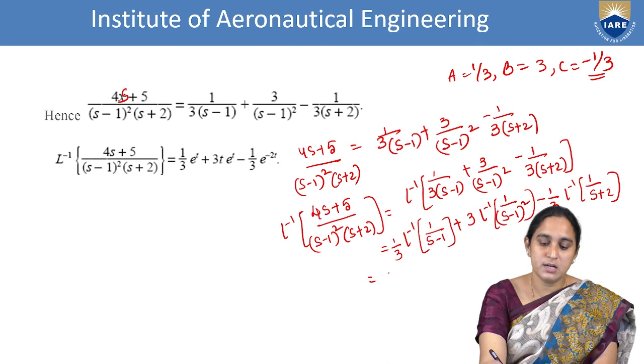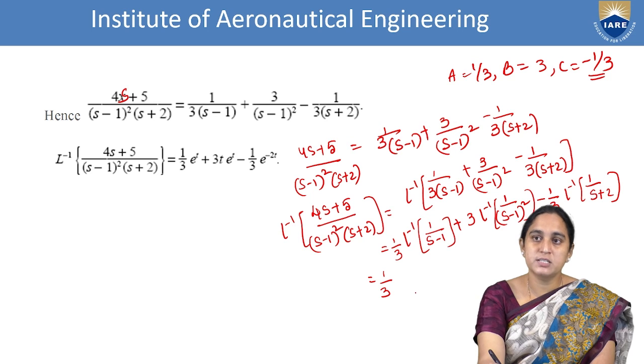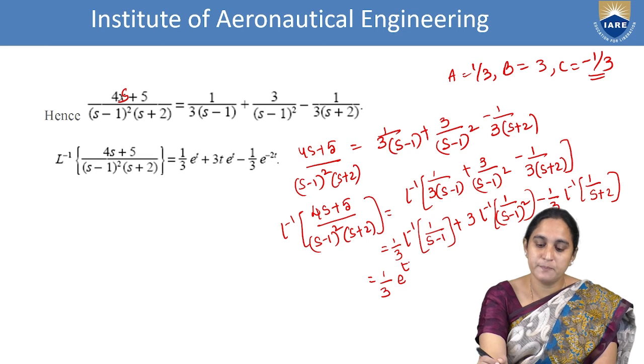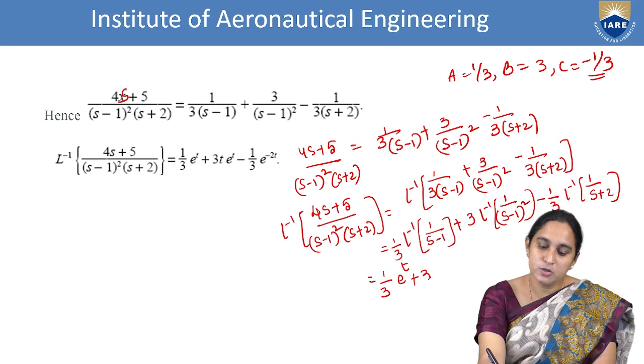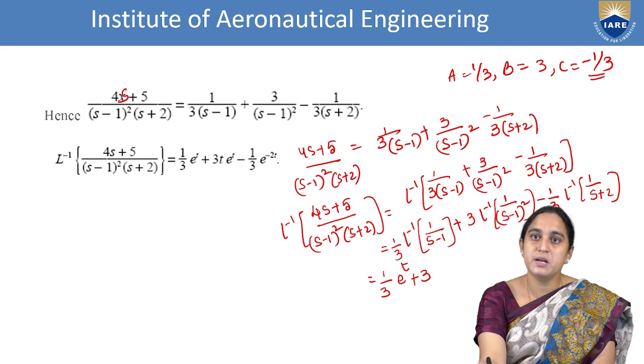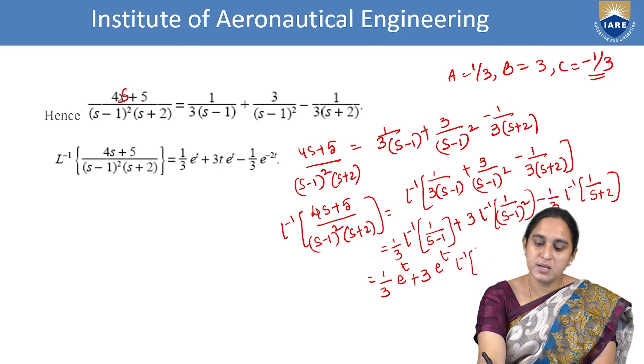After that, 1 by 3 into Laplace inverse of 1 by (s minus a) formula, that is e power t. 1 by 3 into e power t plus 3 into, once you observe, Laplace inverse of 1 by (s minus a) whole square, there is no direct formula here. First apply the first shifting theorem, that is e power t into Laplace inverse of 1 by s square.